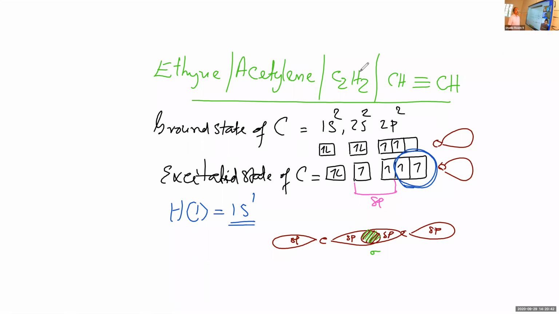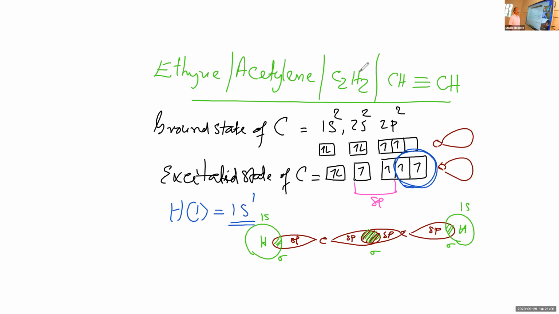And the other 2 sp orbitals overlap with the 1s orbital of hydrogen, and there is a sigma bond here, and here also there is a sigma bond.